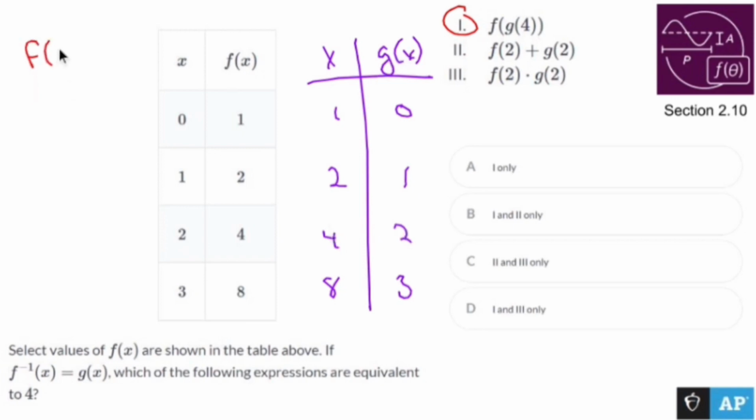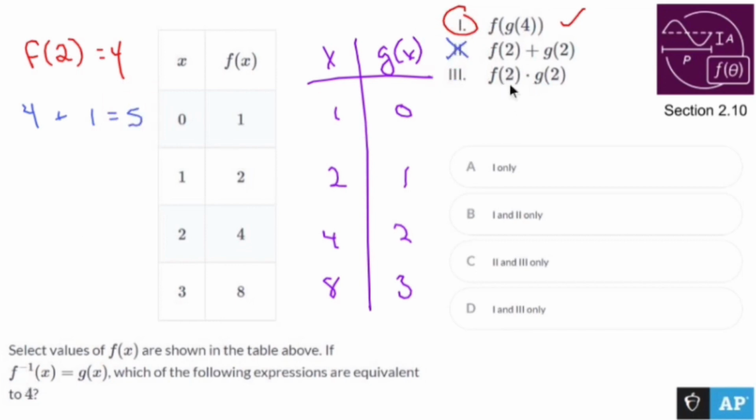So f of g of 4 means f of 2, and f of 2 is 4. Check. Let me do this in blue. F of 2 is going to be 4, I already knew that, plus g of 2 is going to be 1. That's 5. I wanted 4. Sorry.